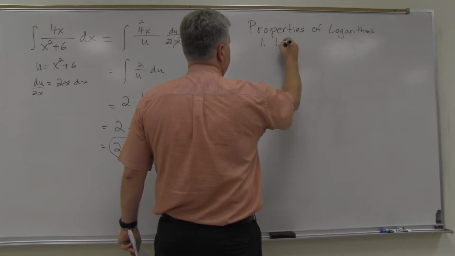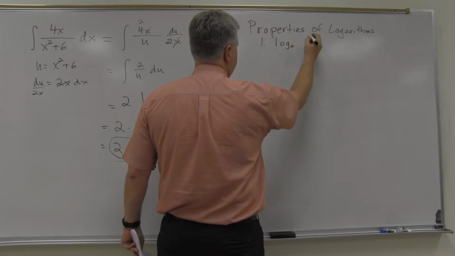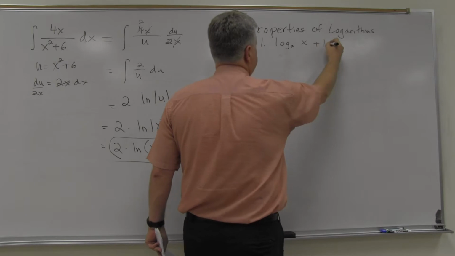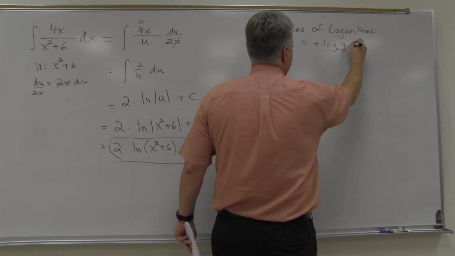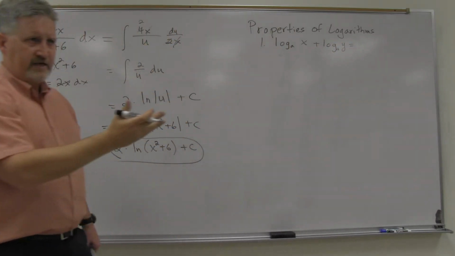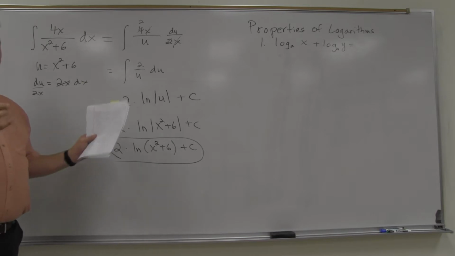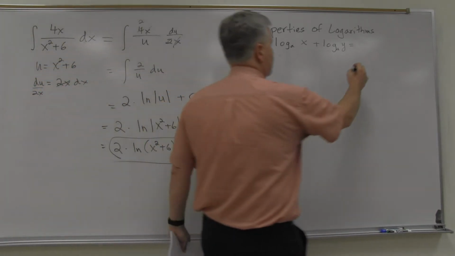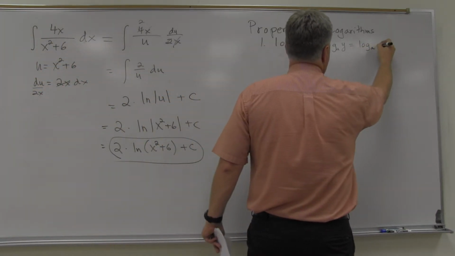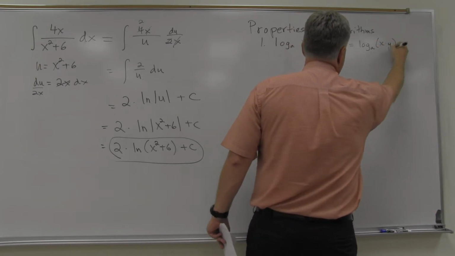If you have the log base a of x plus log base a of y, say, it's the same base logarithm, and the two logarithms are added. Well, it turns out the sum of two logs can be condensed to a single logarithm by multiplying the x and the y.